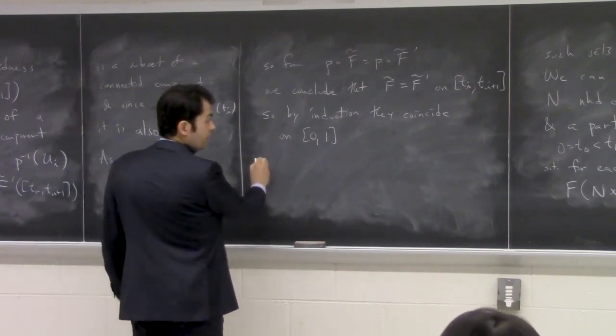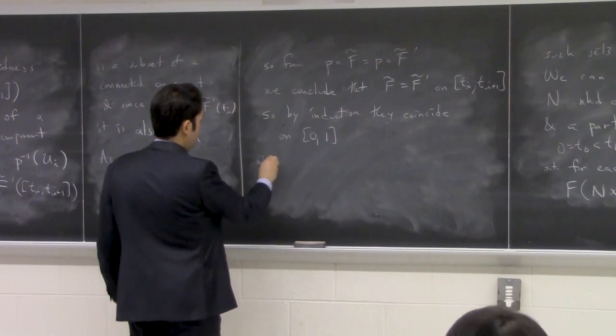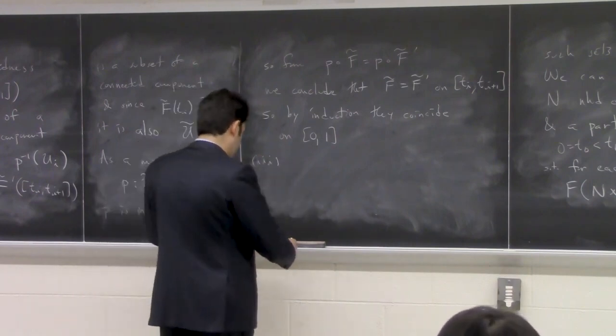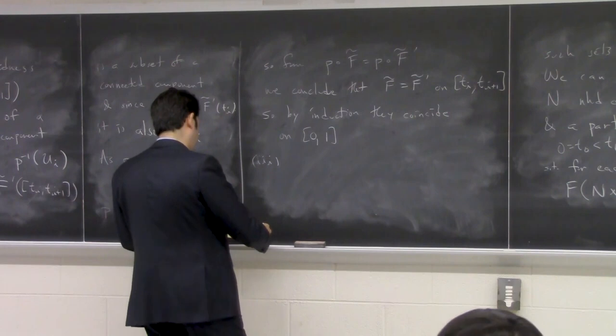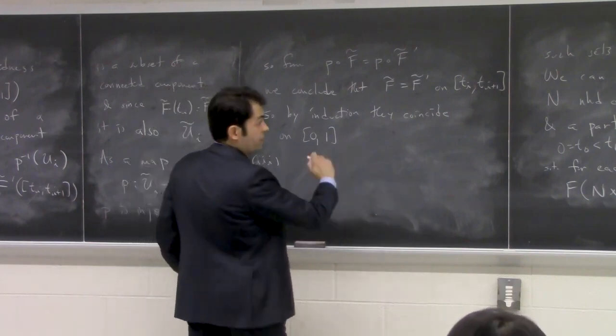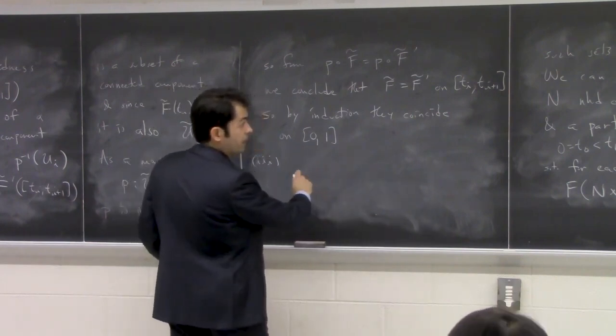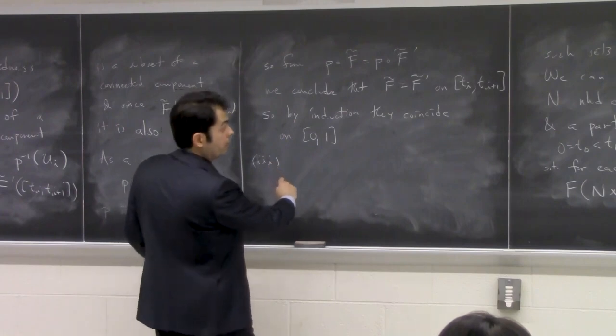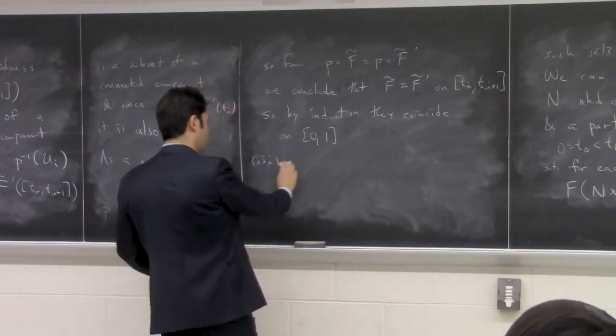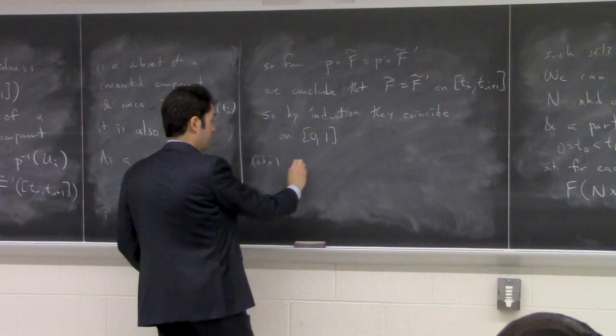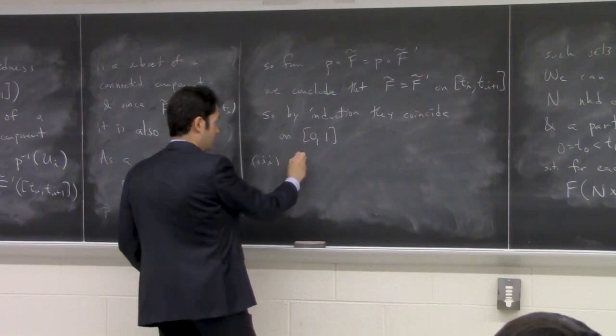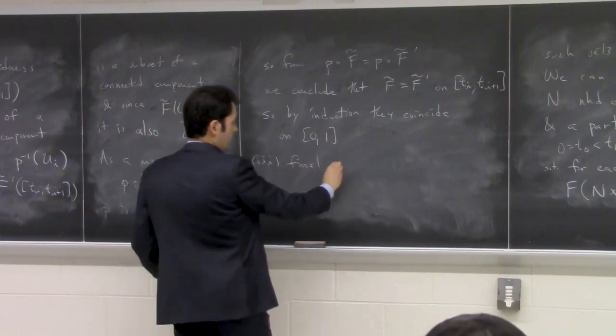Great. So finally, step 3. Is the final proof of the claim. So, which I guess I've erased. The final proof.